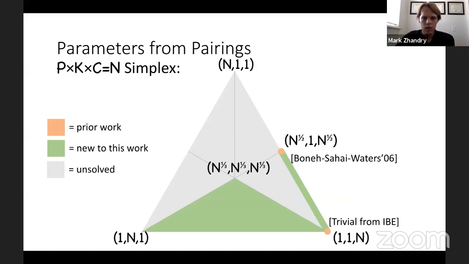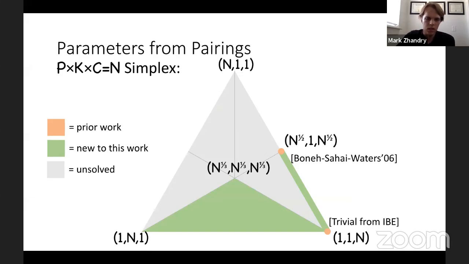For pairings, we achieve a variety of parameter sizes in the setting where the product of the public key, secret key, and ciphertext size is equal to n. So the Boneh, Sahai, and Waters scheme lies in this space, as well as the trivial scheme when instantiated from IBE. And that was basically it. And what we do in this work is we fill in this space a lot more.